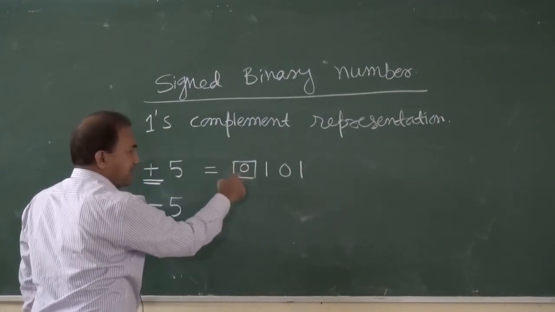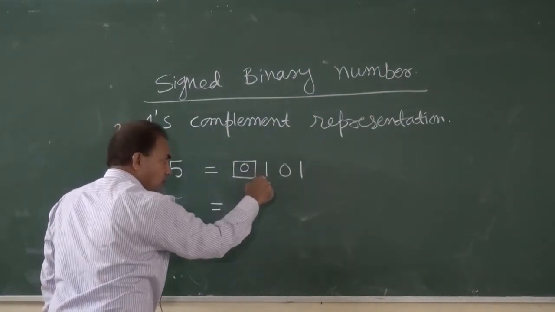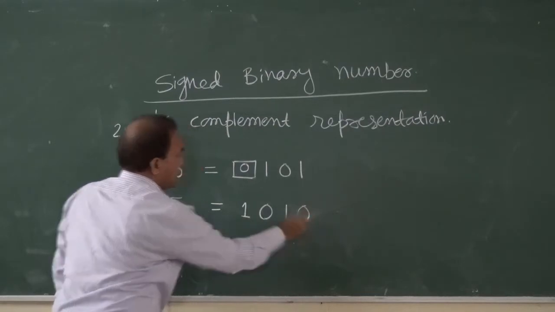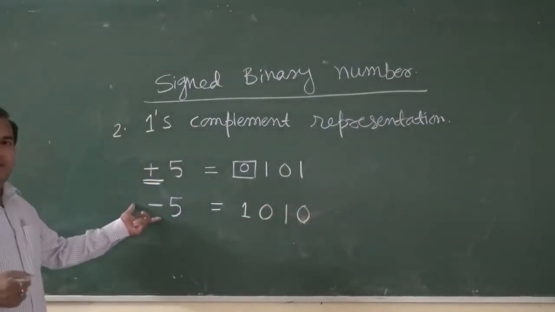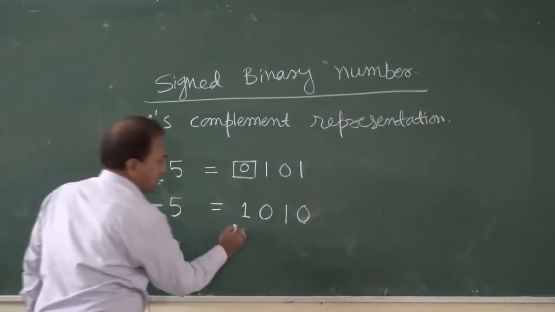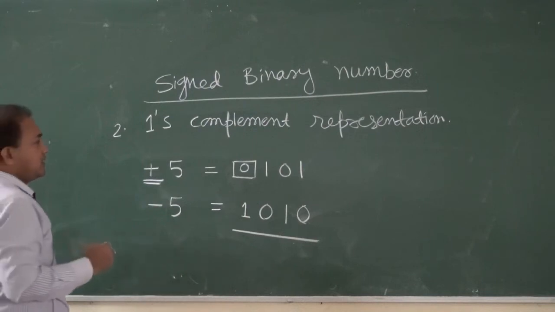So after complementing, 0 becomes 1, if you complement 1 it is 0, it is 1, it is 0. So minus 5 in one's complement you are writing like this 1 0 1 0.